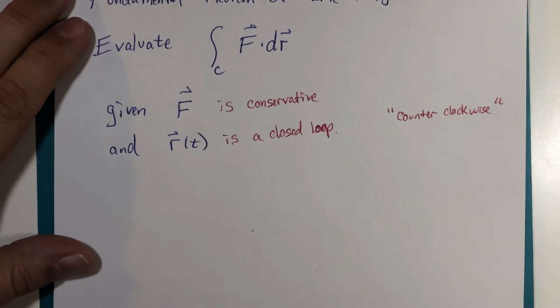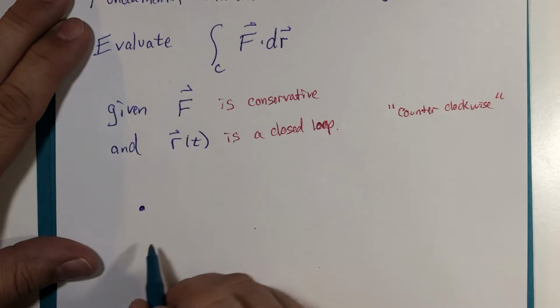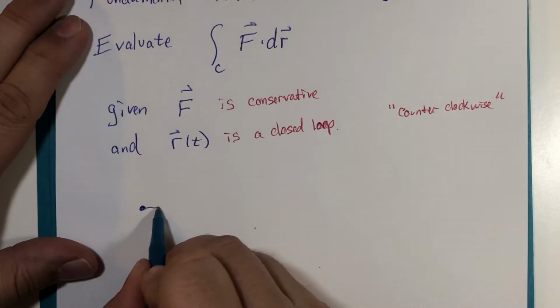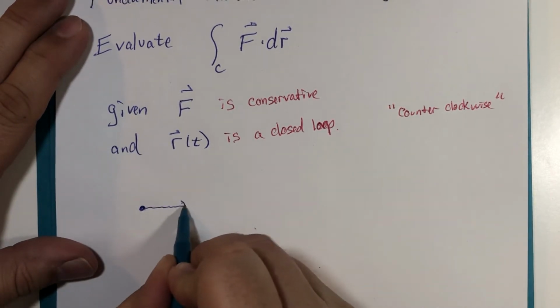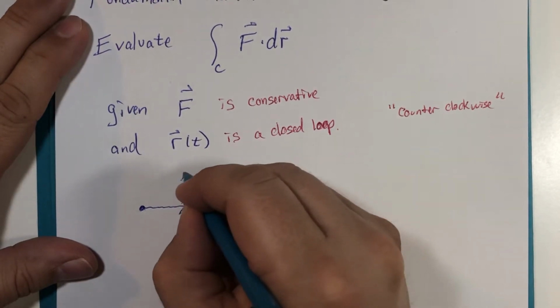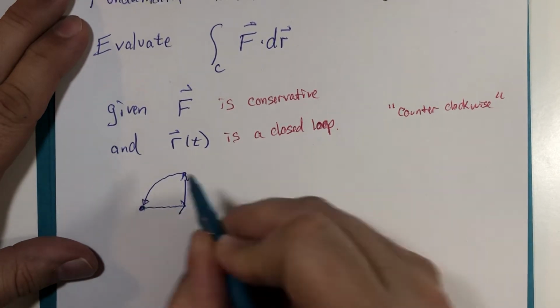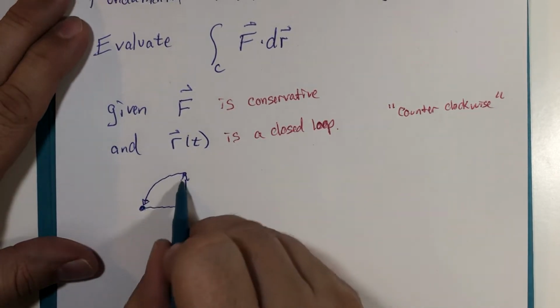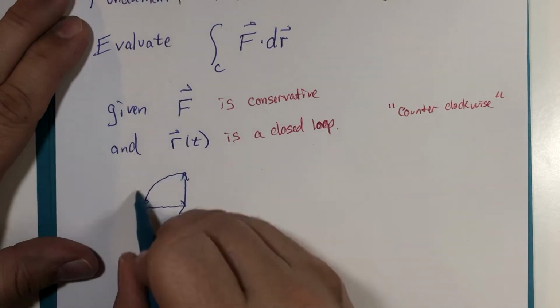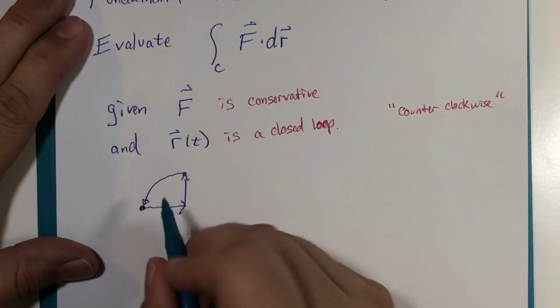So let's suppose that we have, let's say, in 2 dimensions, a path that goes from here to here, and then it goes up from here to here, and then it curves back down, but it takes us to the starting point. This is the opposite direction of our standard clock. The clock goes this way. This is opposite of the clock.